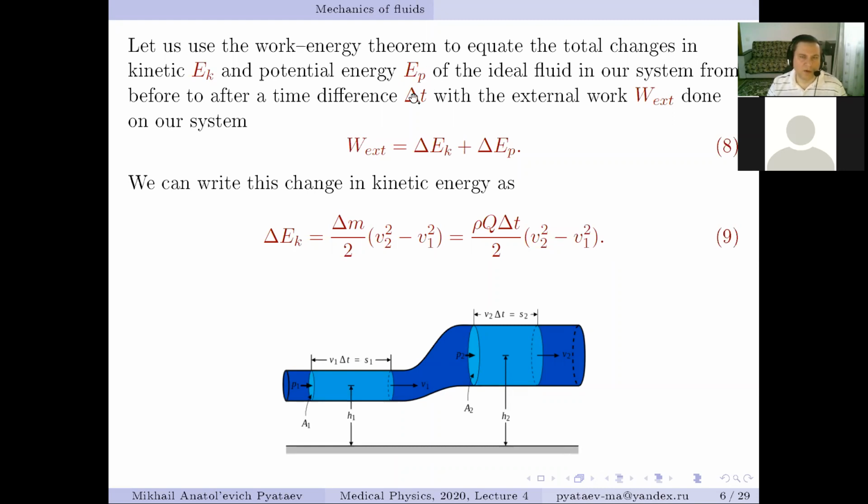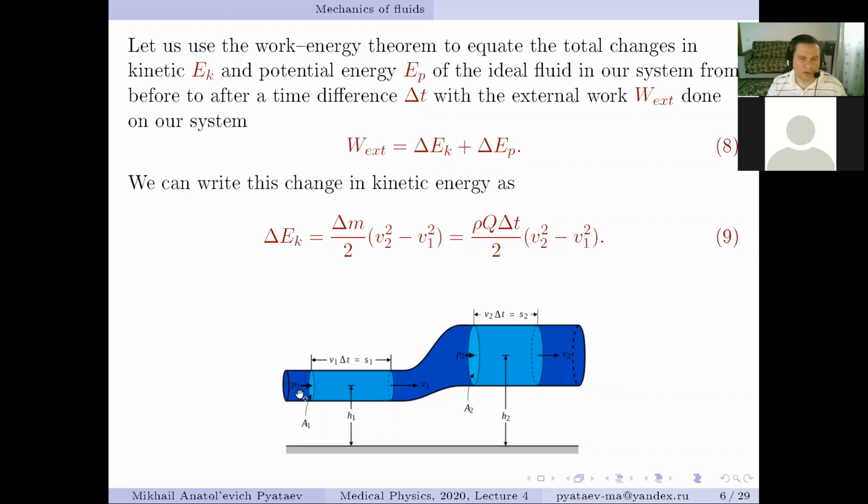Then we can say that external force changes not only kinetic energy, but it changes the total energy of the liquid. And this gives us equation 8. So in equation 8, we can see that change in total energy of liquid is due to the work done by external force. External in this case means the force which makes the liquid flow, and this is a force of pressure.